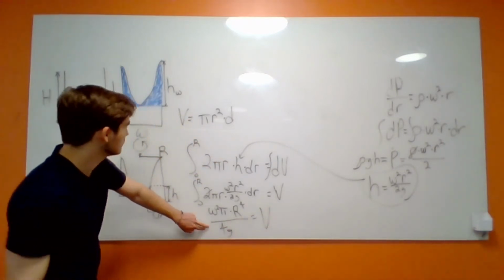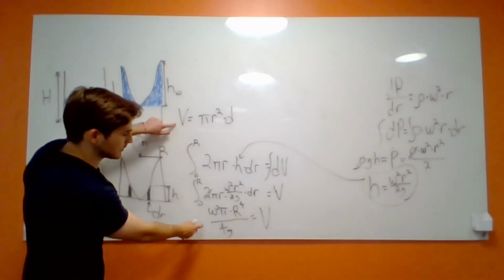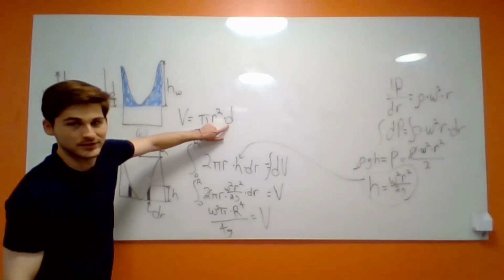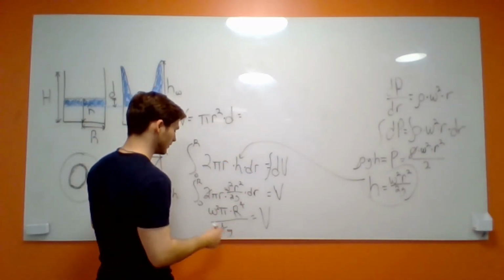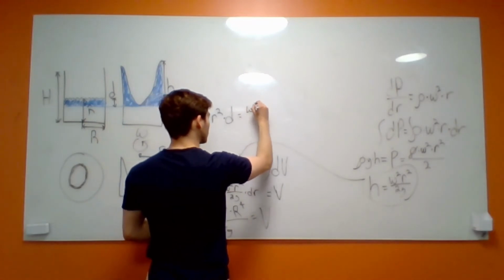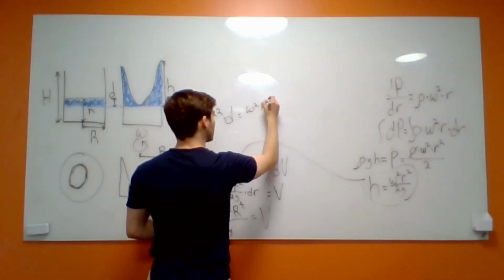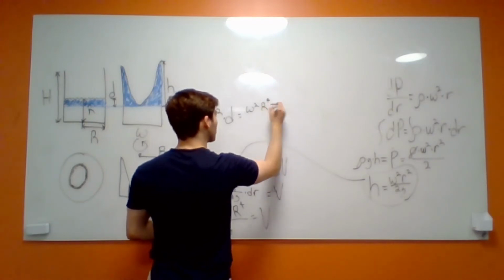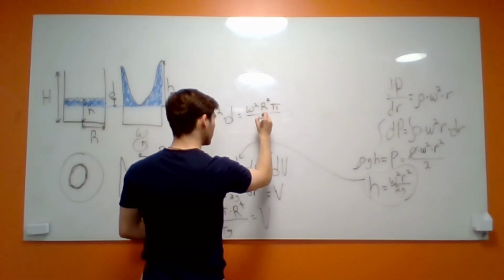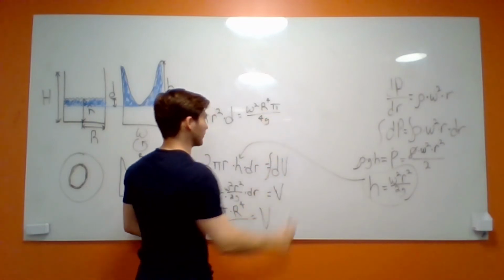So now we have these two equations for volume, and we can solve for d here, because we set them equal, say, the angular frequency squared times the radius to the 4th power times pi, all over 4 times the force of gravity.